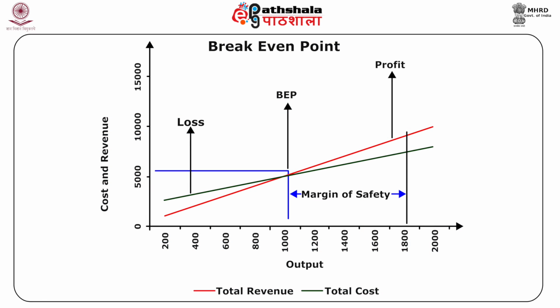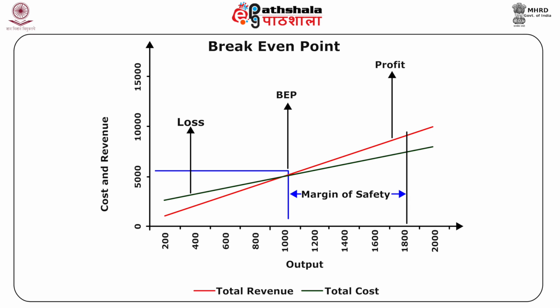The above figure 1 represents three situations. First, if the firm is producing less than 1,000 units, it will incur loss because its total cost of production is higher than its total revenue. Second, if the firm is producing more than 1,000 units, then the firm will have profits as its total revenue will exceed its total cost of production.